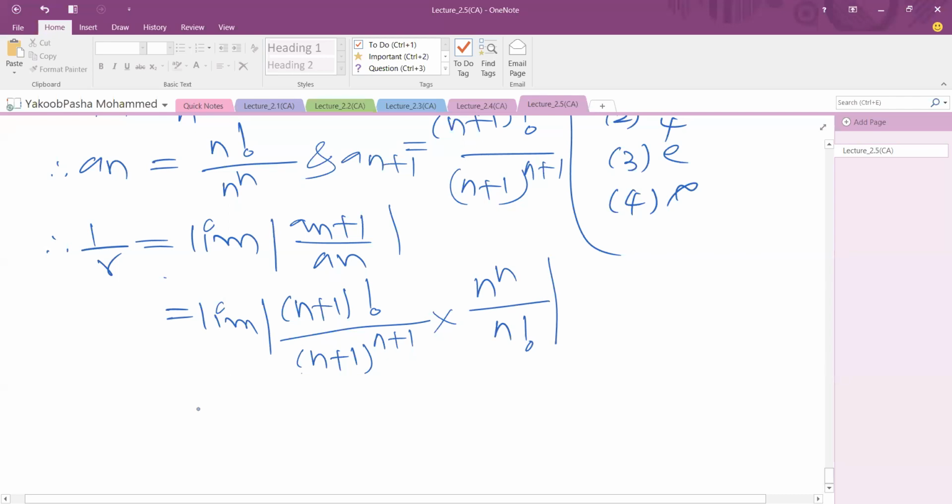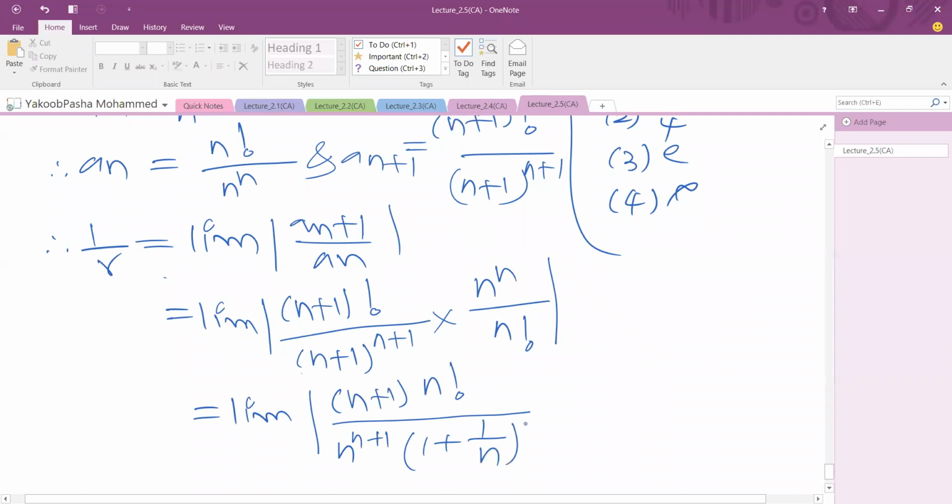So this is equal to the limit, where we can write (n+1) factorial as (n+1) into n factorial. We can take n common, so n power n+1 times (1 plus 1 by n) whole to the power of n+1, representing this. The numerator is n power n, from the reciprocal of n factorial.